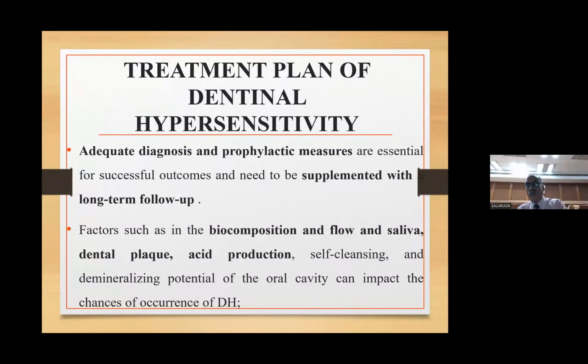But most of the time, we are giving recommendations, but we are not guiding the patient to take these steps as preventive measures so that the effect of occlusion of dentinal tubules and the management of dentinal hypersensitivity will be sustained for a long time.